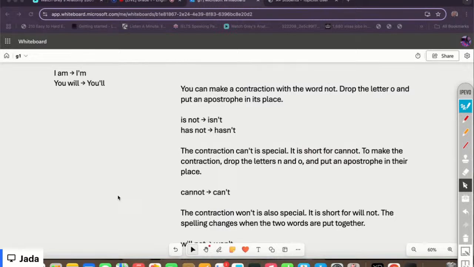Okay, so also you can make a contraction with the word not. So when we have not, we can use not to make a contraction, okay? So you have to drop the letter O. The O in not will be taken out and an apostrophe put in its place. So for example, we have is not. The O will be removed from not, so it becomes isn't, like this.